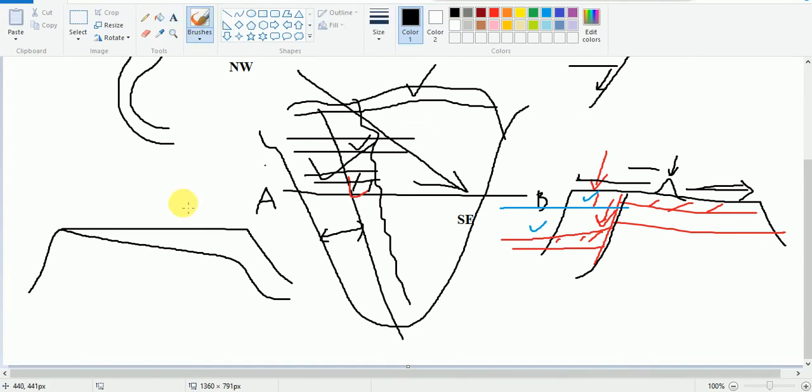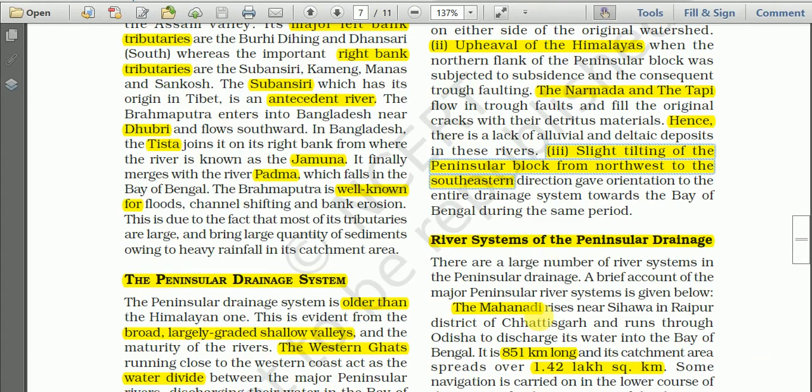It was tilted like this, and because of this, all the rivers of Peninsular India originate from the west and flow towards the east. This is because of the tilting of the peninsular block from the northwest to the southeast.